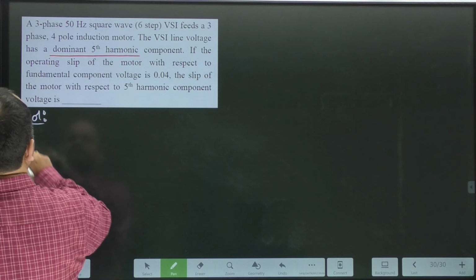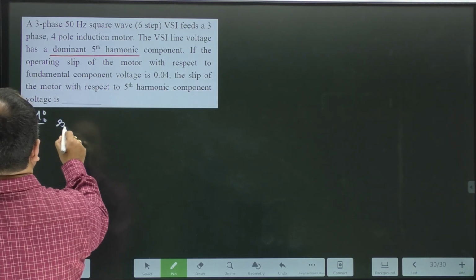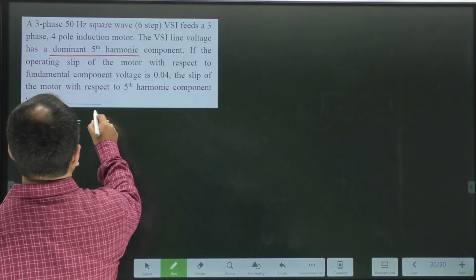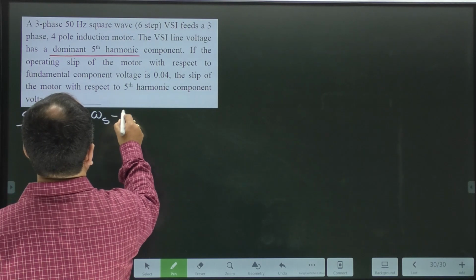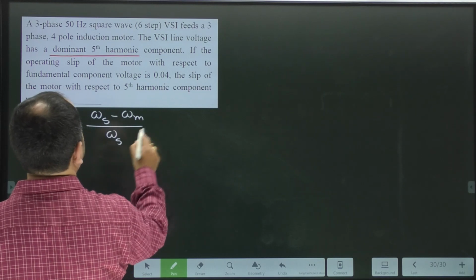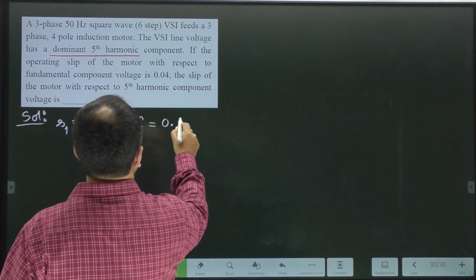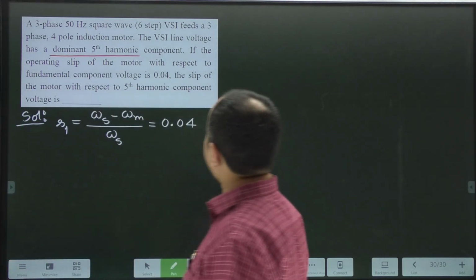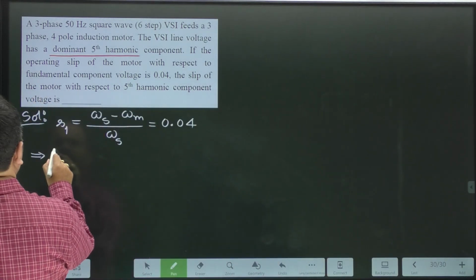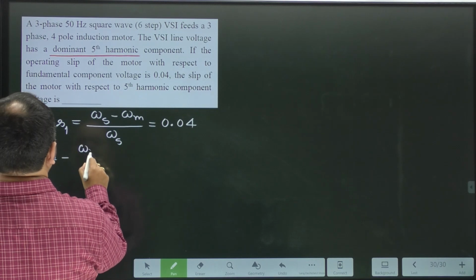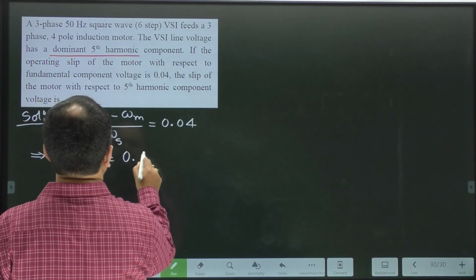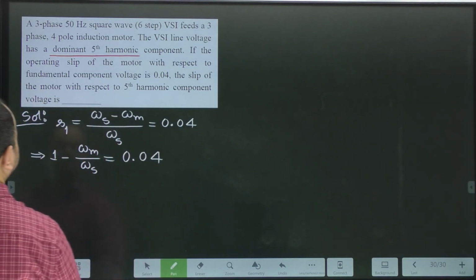So first let us define the slip corresponding to the fundamental component. Let me use the symbol S1. What is the definition? Synchronous speed minus rotor speed divided by synchronous speed. This value is given as 0.04. So from this, what you will have: 1 minus omega m by omega s is equal to 0.04.